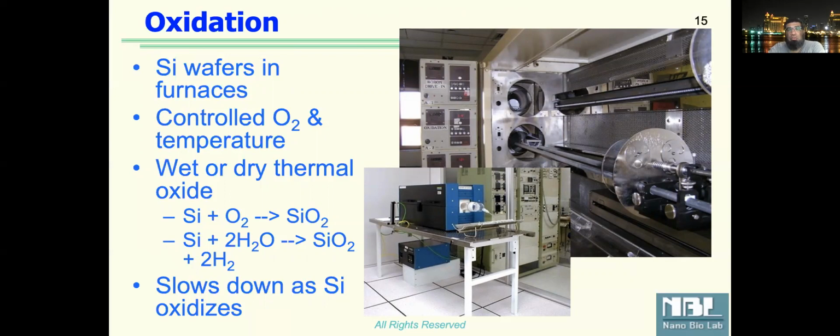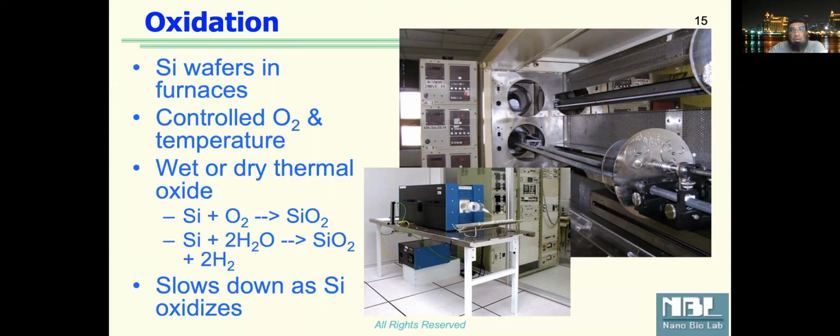Then we introduce oxygen or water. In both cases, we use the vapor of oxygen or water, and the end result in both cases is that the silicon gets rusty, silicon gets oxidized, which means the same thing.